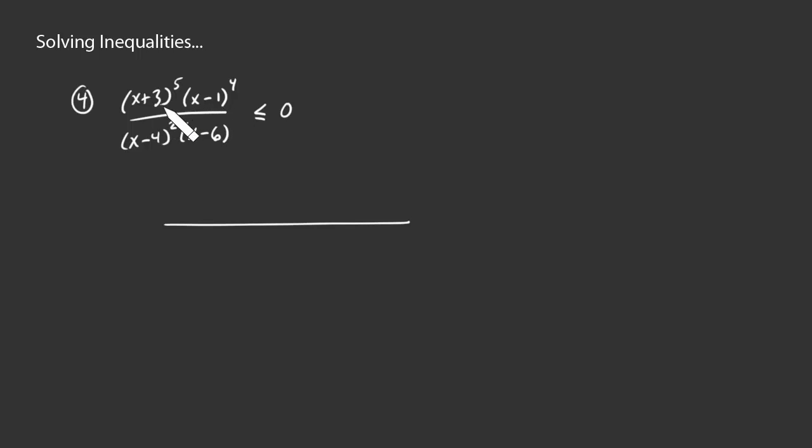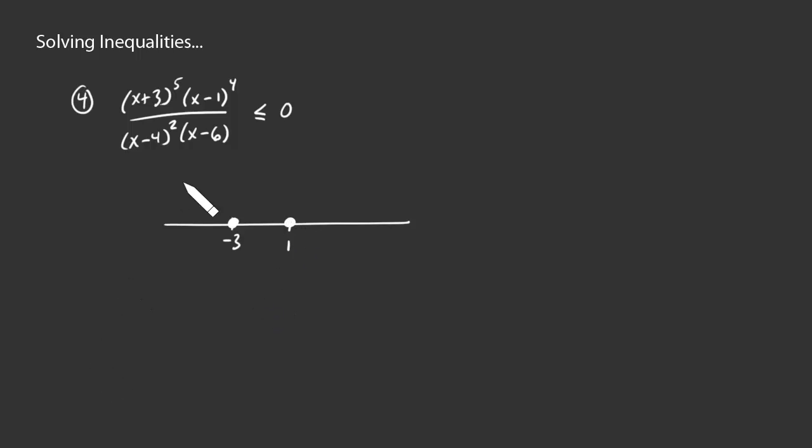If this factor is 0, then x has got to be -3. If this factor is equal to 0, then x had better be 1. And sure enough, because we're allowing for the possibility that this expression equals 0, we'll want to shade those 2 points in. Those are 2 solutions after all.